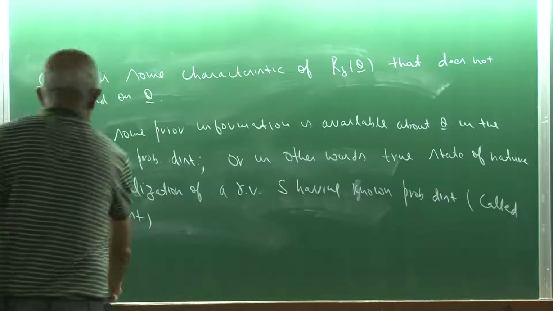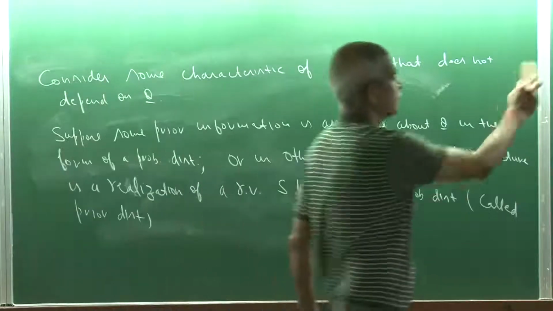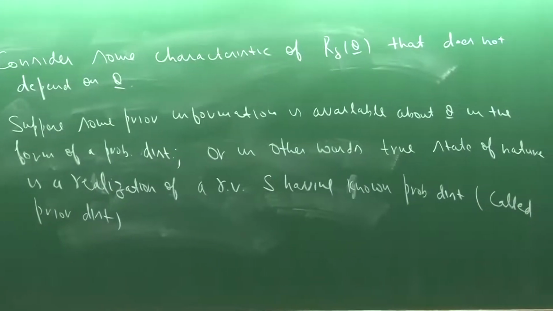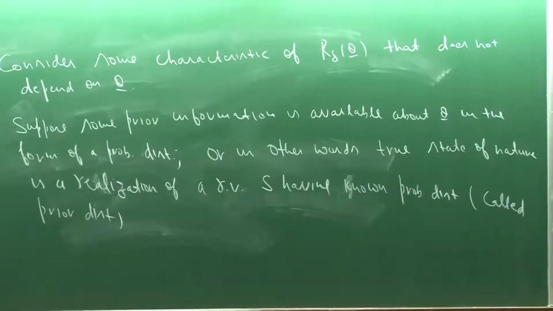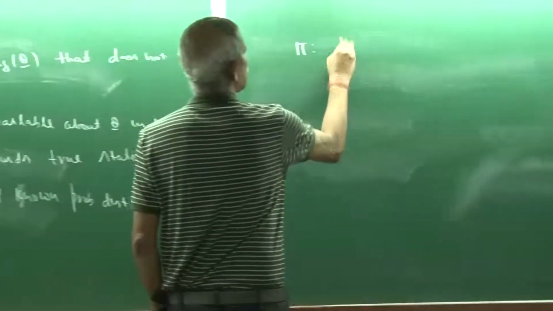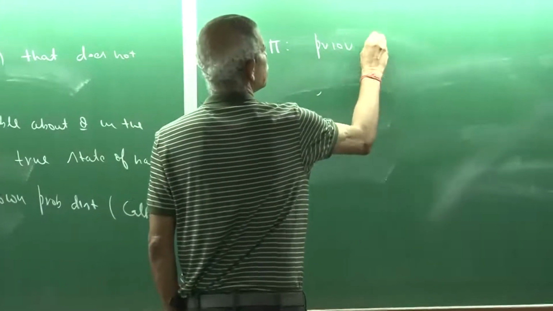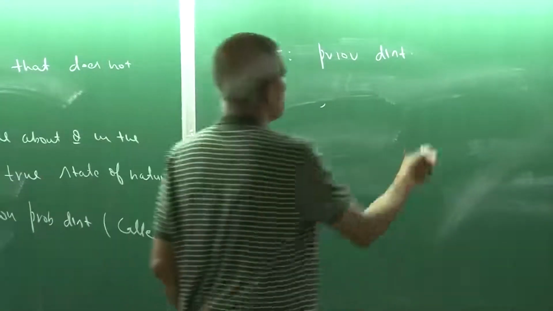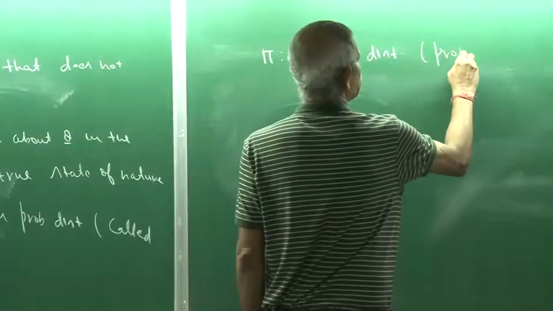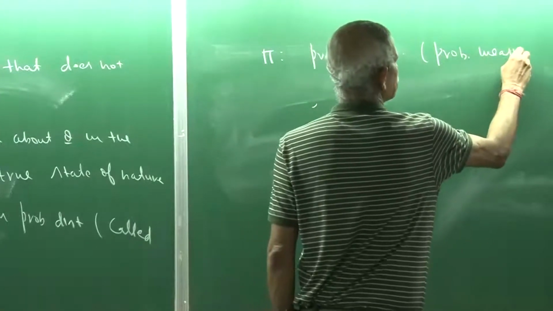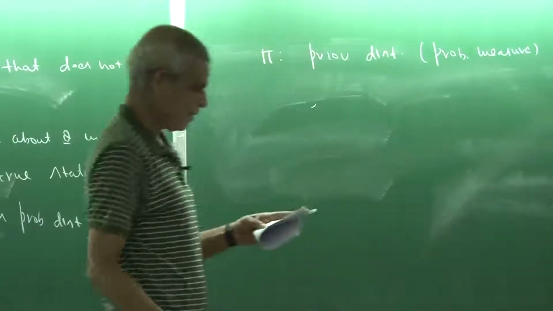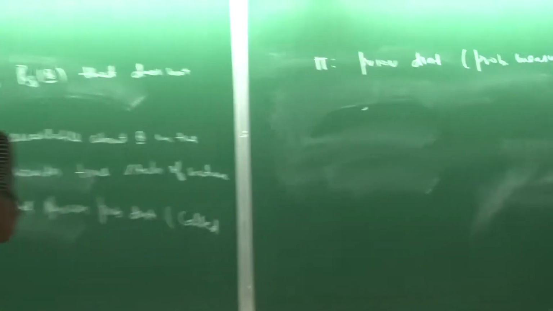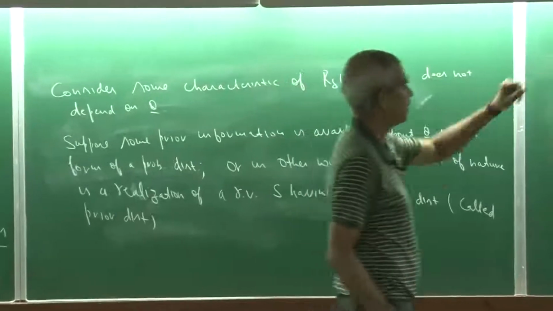So suppose pi is the prior distribution. When I say it is a prior distribution, that means pi is a probability measure. So rather than considering r delta theta, I consider its average with respect to pi.